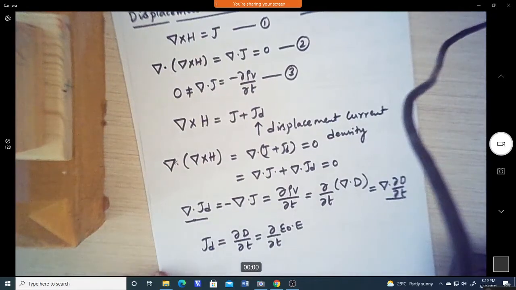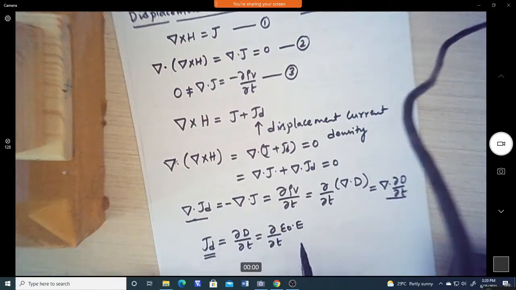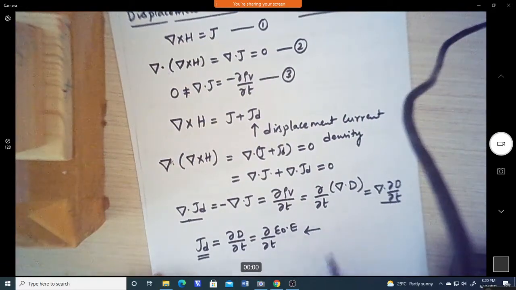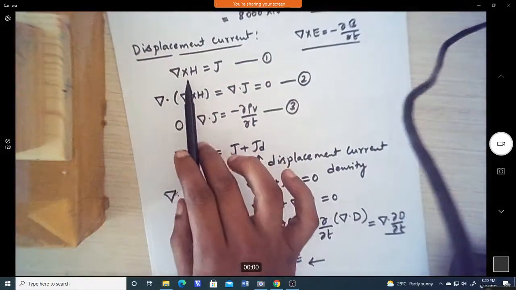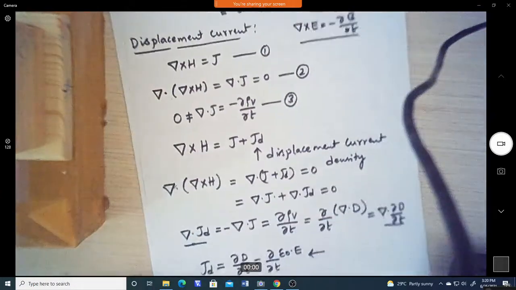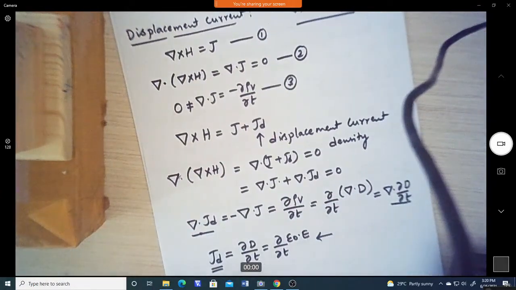So the displacement current comes whenever there is a time varying electric field. That is what is important, and this is the major contribution to the modified Maxwell equation, introduced by Maxwell.